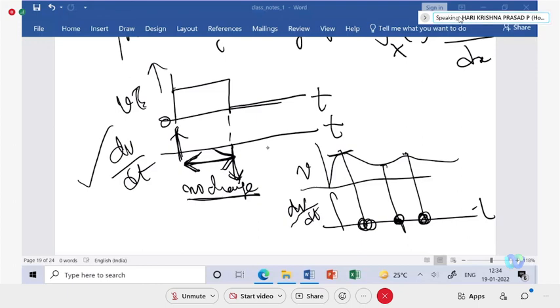See, whatever you have heard today, are they new concepts or concepts which are already known to you? Some are new concepts, sir.